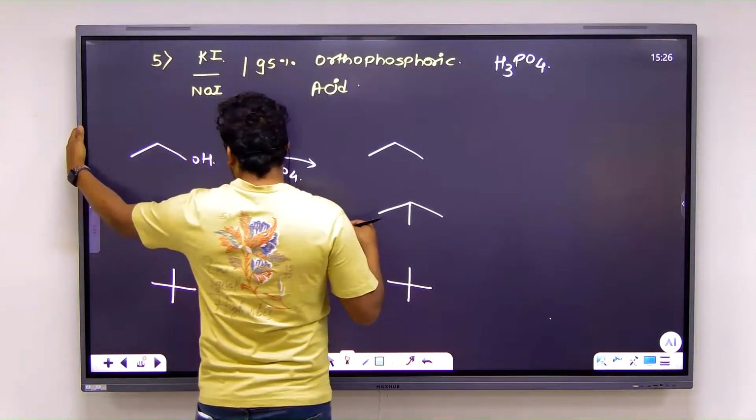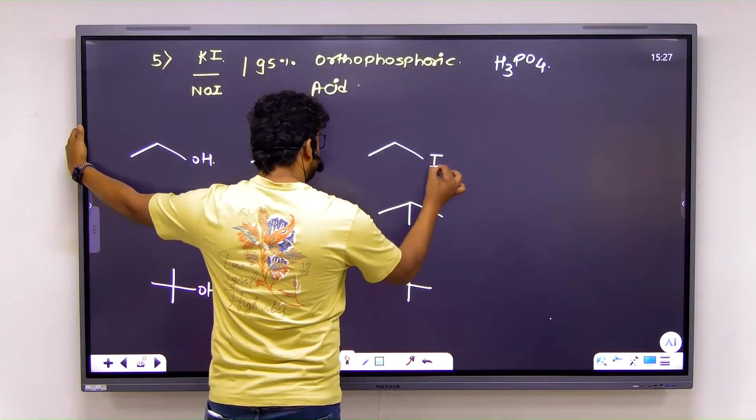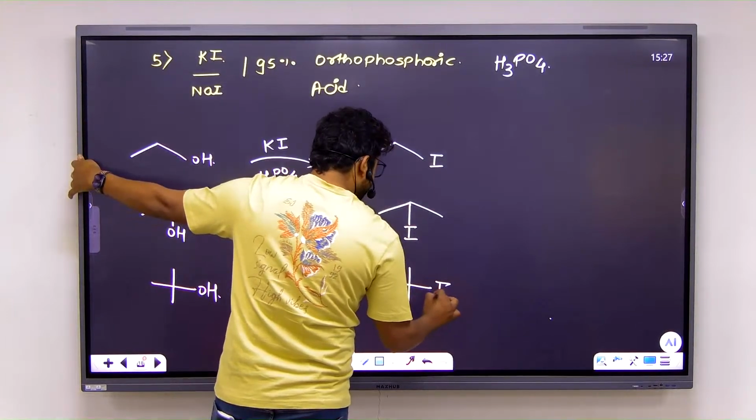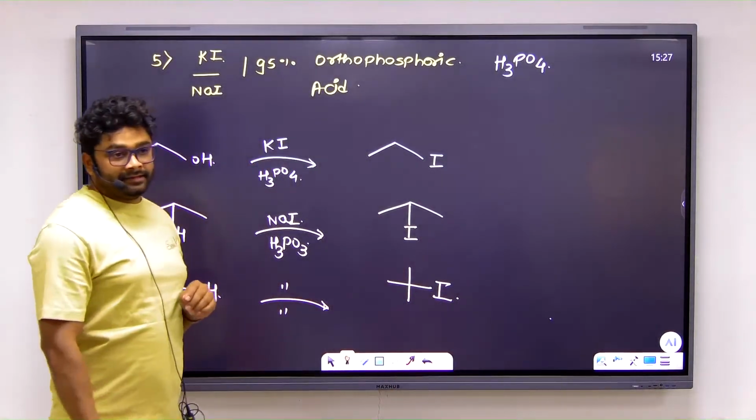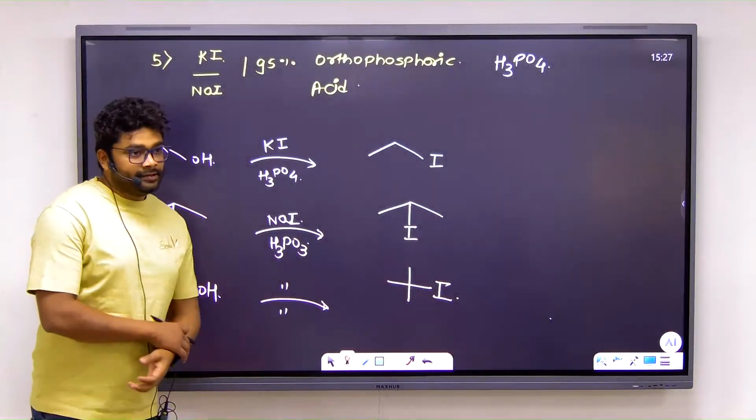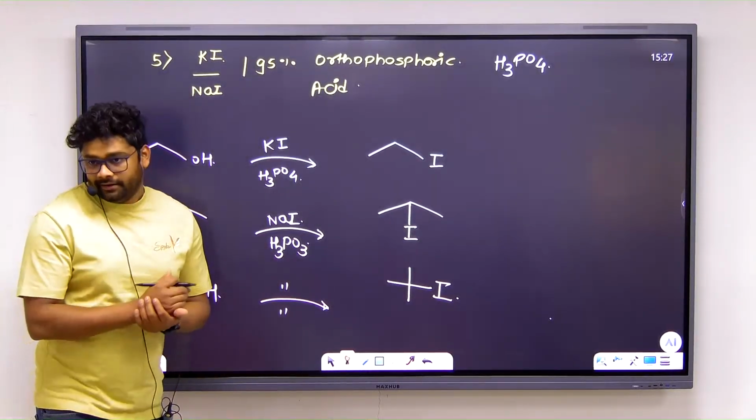NaI forms the only compound called as what? Iodide. This is one of the best important method for the preparation of iodide.